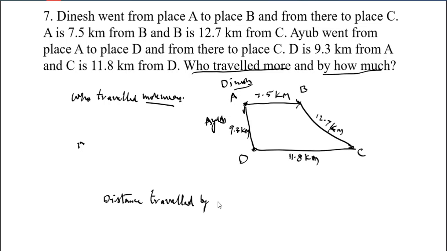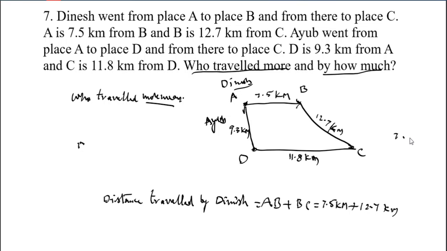Distance traveled by Dinesh is equal to AB plus BC, which is equal to AB is 7.5 kilometers plus BC 12.7 kilometers. So this is the addition of decimal numbers.